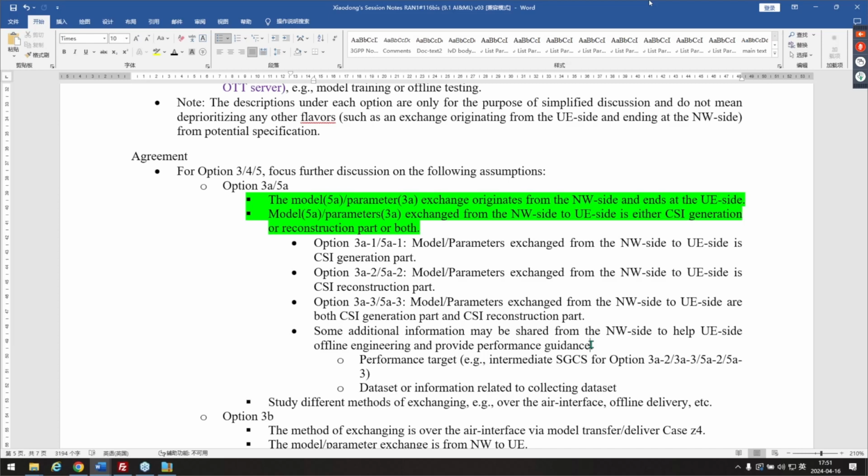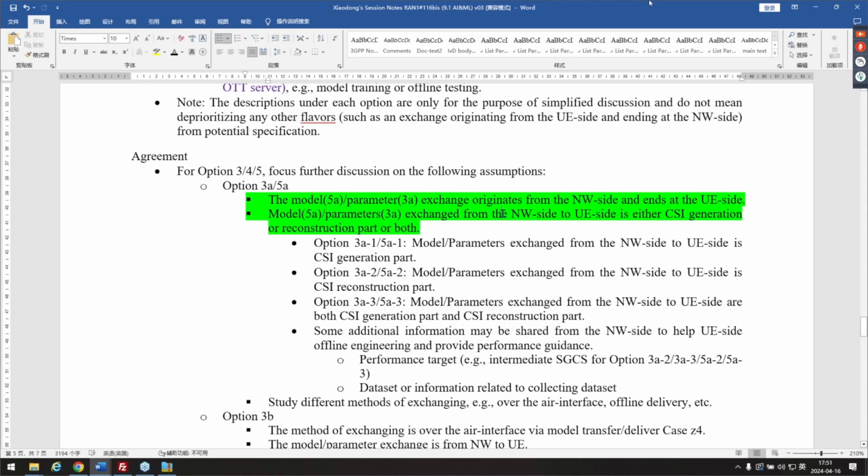We would like to change it to further study whether this additional information needs to be shared from network side to UE side. Right now it directly states that this is obviously needed for 3 and 5A. It may be shared, but it states shared. What's your concern, Paul?